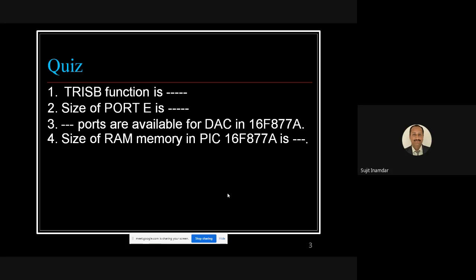Roll number 33, Jagruti, are you there? Yes, sir. Okay. In between, don't get left. Anyone? Okay, I'm getting the answer.